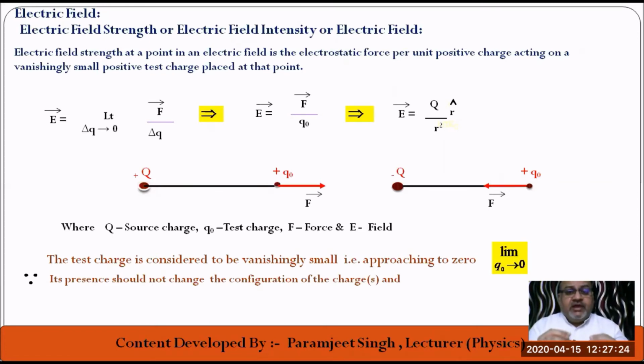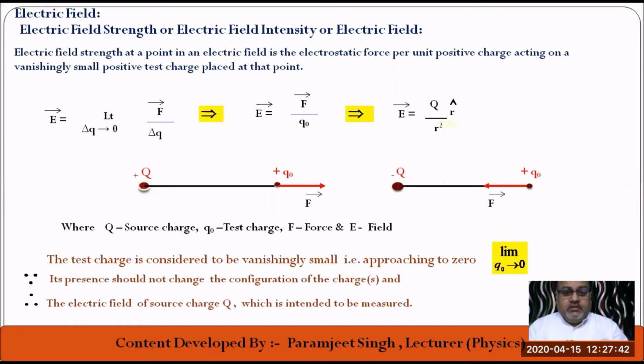So it should be as minimum as possible, so that it does not affect the field created by the source charge. This is the reason. Hence, this is clear that we intend to measure the electric field of capital Q, the source charge, not the field of Q naught, the test charge.